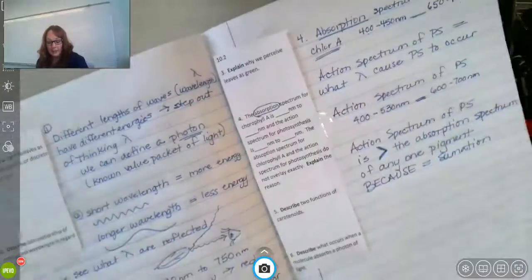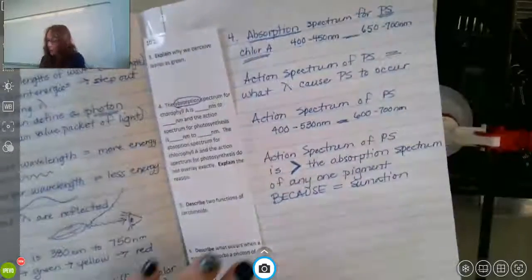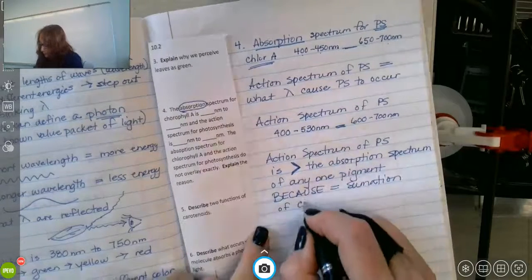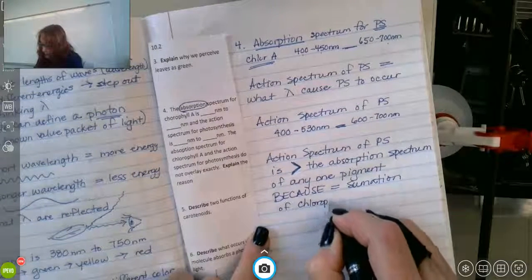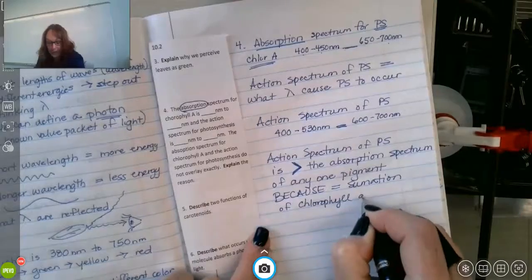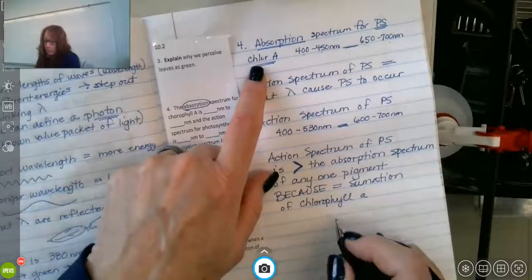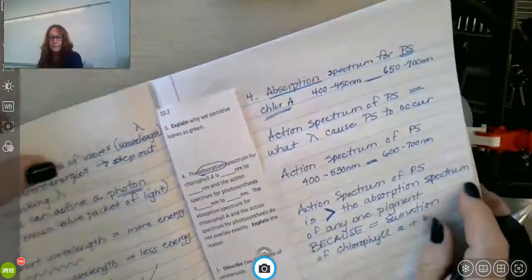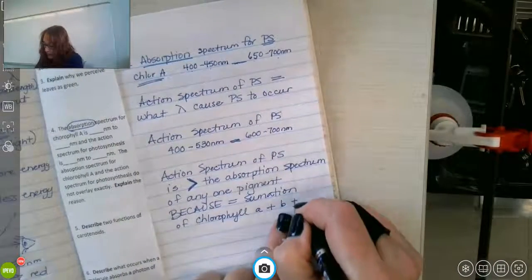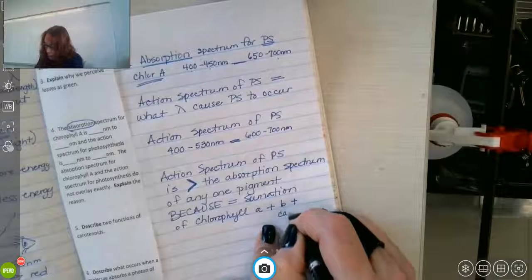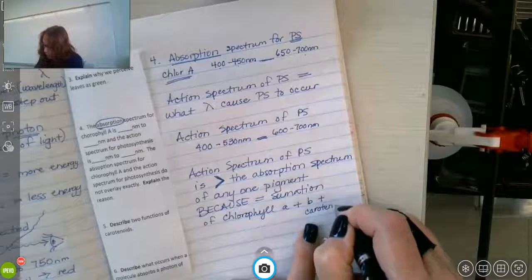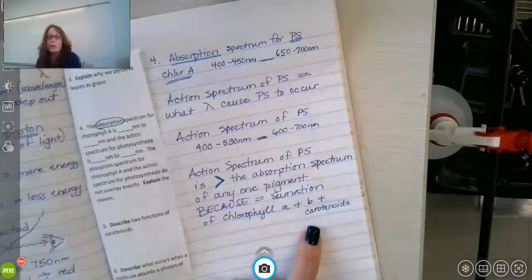So what happens is it's a summation of chlorophyll A, I got that up here, plus B, plus what's called the carotenoids, the more orangey looking stuff.